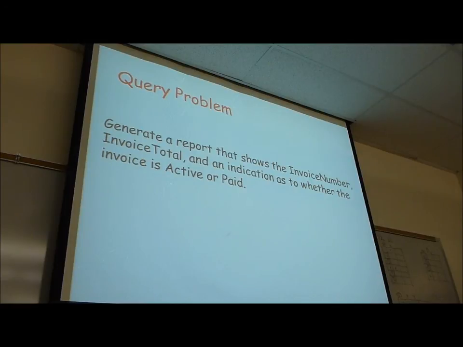So if it's got an outstanding balance, I might want to tag it with this thing called active. We'll figure out maybe how I might do that. And if it doesn't have one, then you're all paid up.